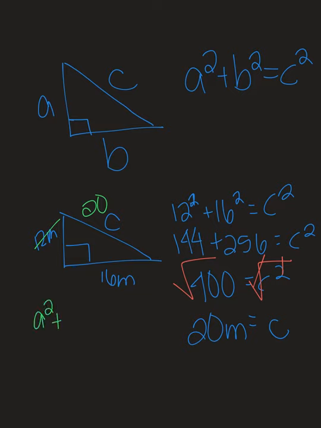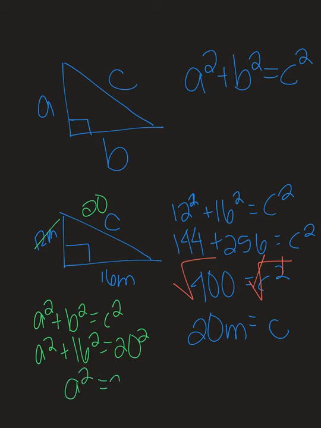A squared plus B squared equals C squared, and you could say, well, A squared plus 16 squared equals 20 squared, and to move this 16 over to the other side, you have to end up subtracting, so 20 squared minus 16 squared, and you would solve it then the same way. So you can find any piece of the right triangle when you know two of them.